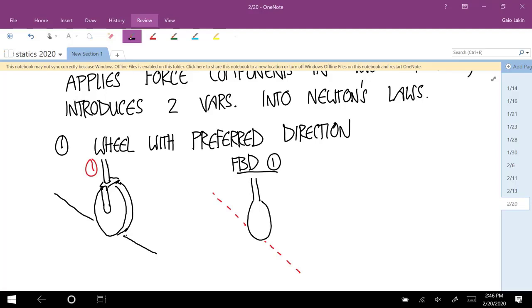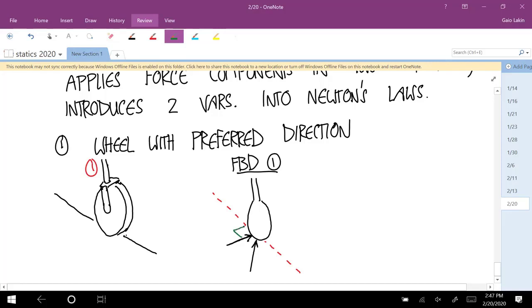Well, it doesn't apply any force along the path that it can follow. It applies one perpendicular this way, and one perpendicular this way.